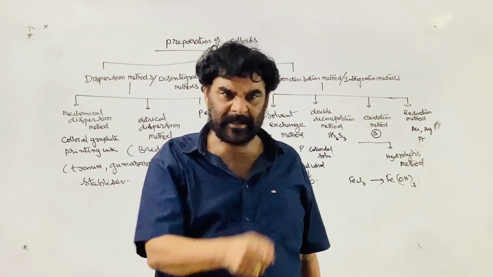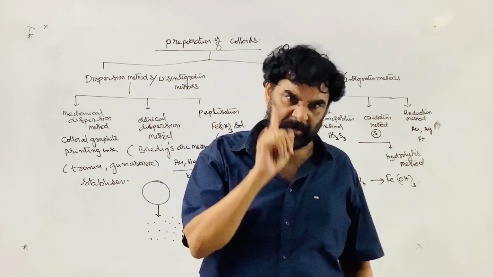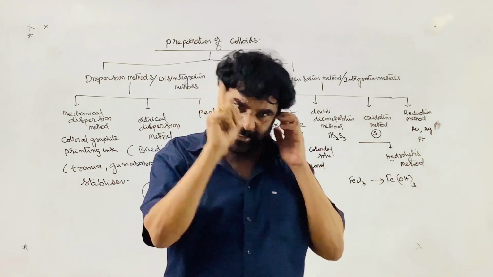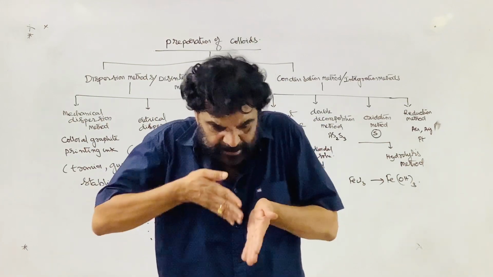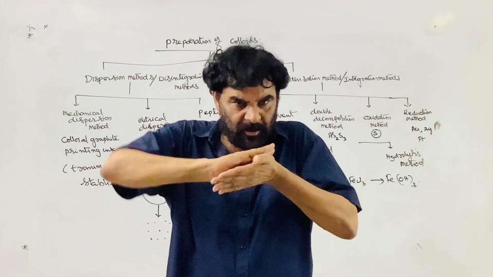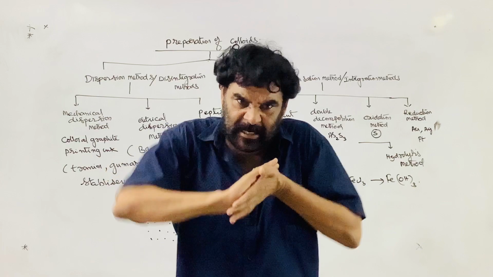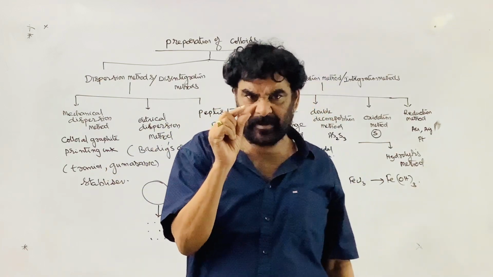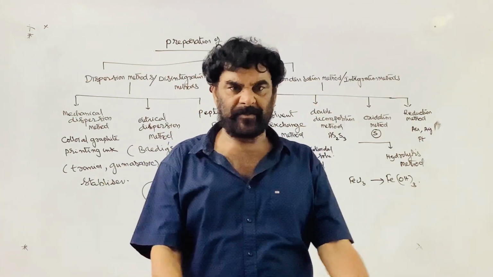You are not adding the dispersed phase alone. The dispersed phase plus dispersion medium are both taken in the form of a slurry. It is not a colloidal solution, it is a suspension. Now we pour it into the mill, and as it passes between the two discs, which rotate in opposite directions with a very small distance, they convert the dispersed phase particles into nearly colloidal size.